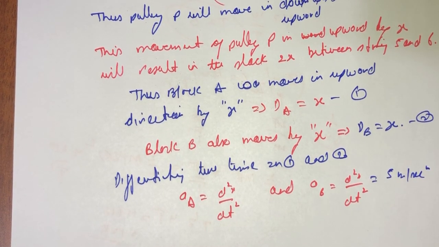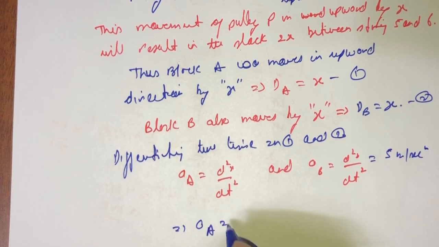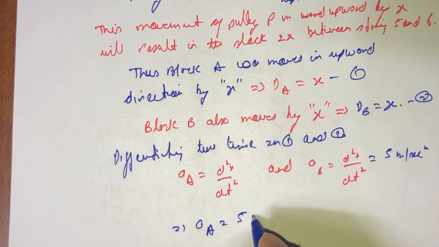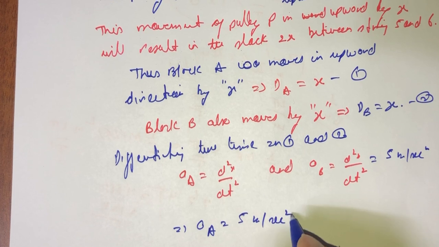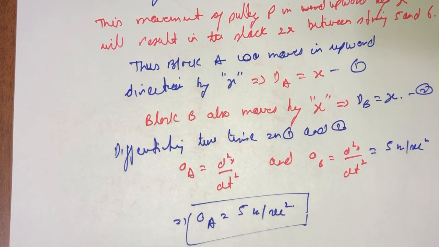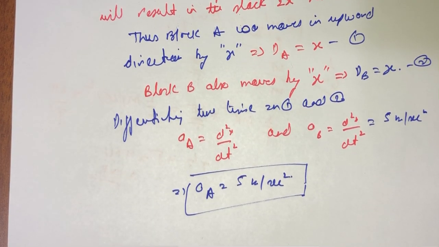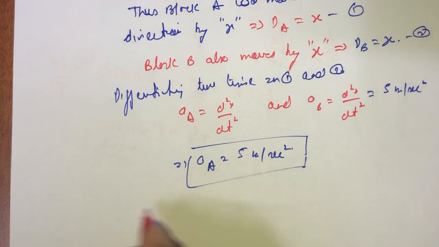So acceleration of block A is nothing but 5 meter per second square. Both blocks A and B move with the same acceleration. So we can draw this conclusion.